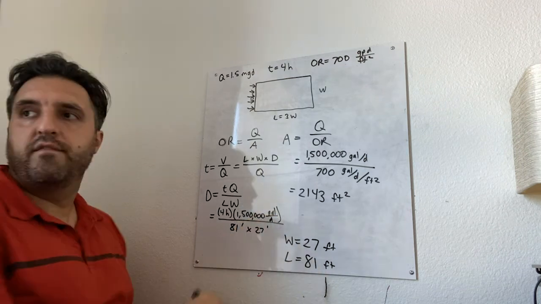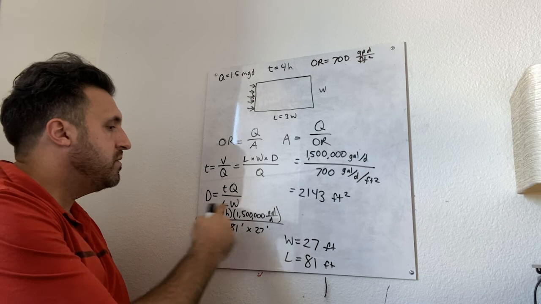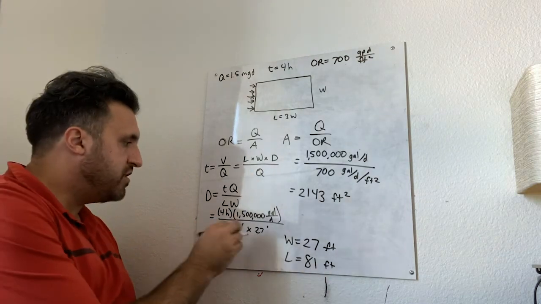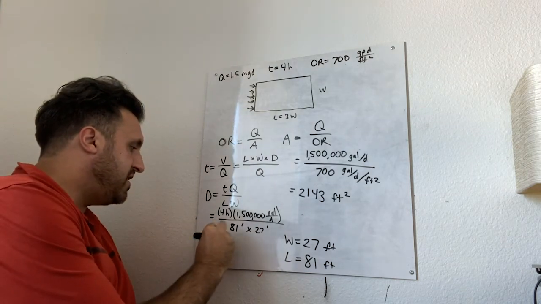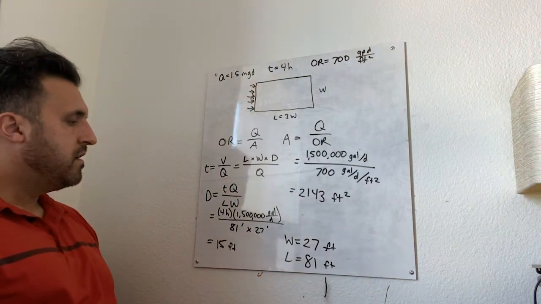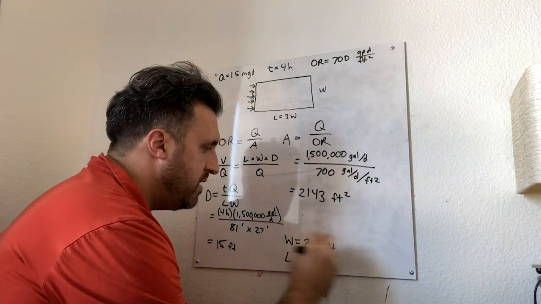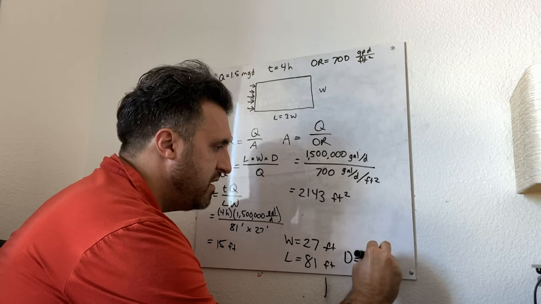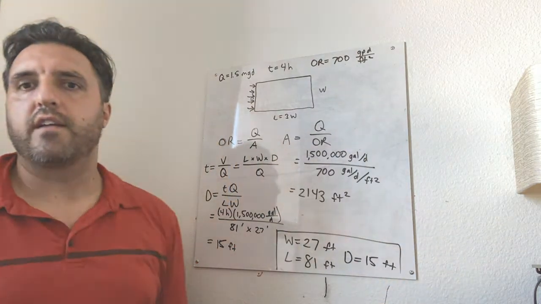We're going to need to do a conversion of cubic feet to gallons and also days to hours. But after doing those conversions and running through the calculations, we should get a depth of approximately 15 feet. Alright, so then our final dimensions would be width equals 27 feet, length equals 81 feet, and depth equals 15 feet. That's what we can use for the design of this reactor.